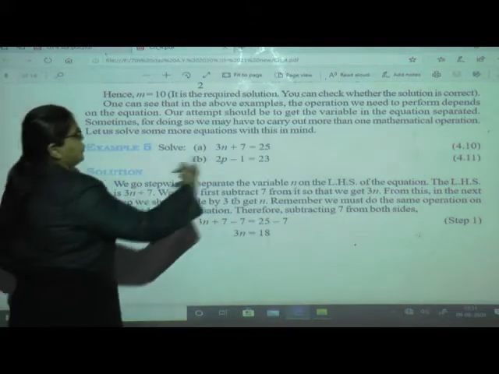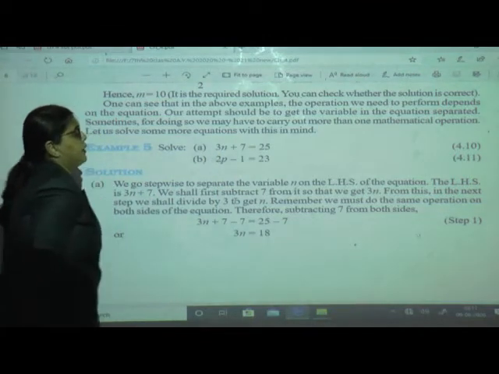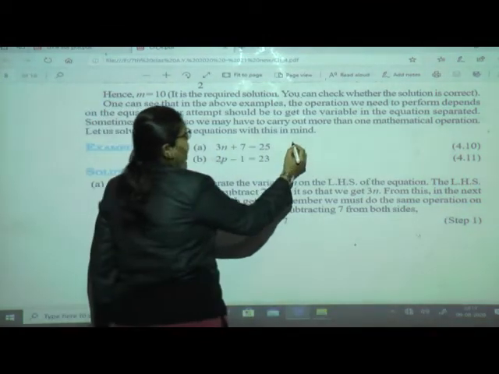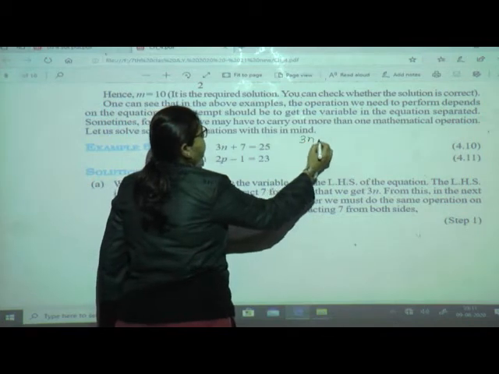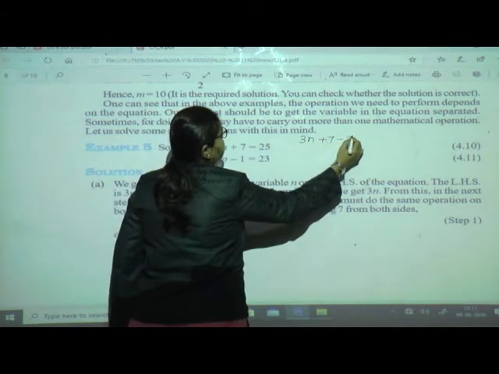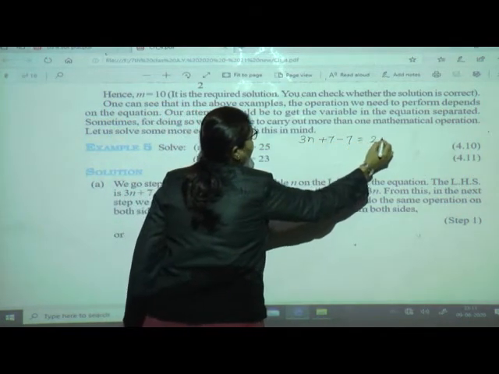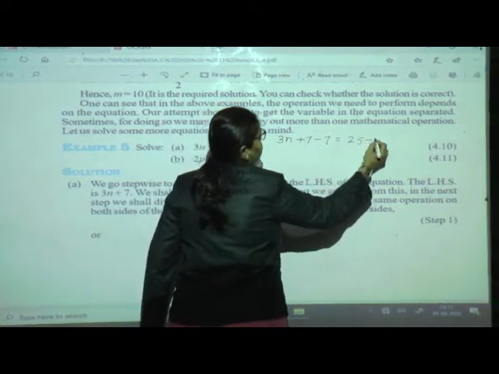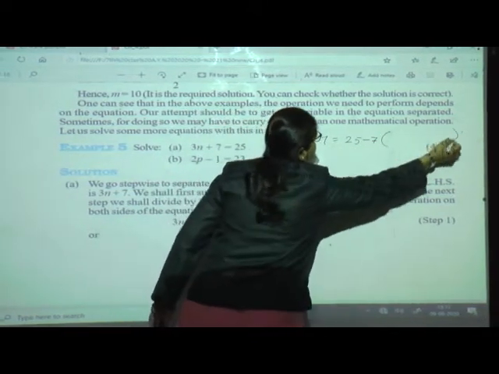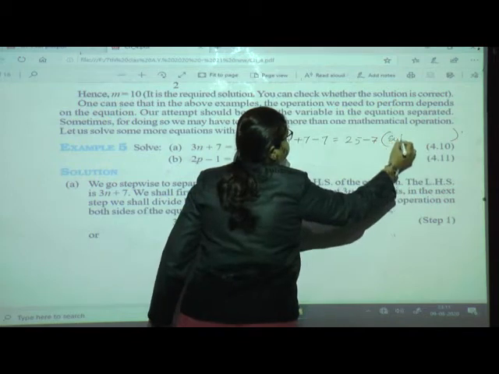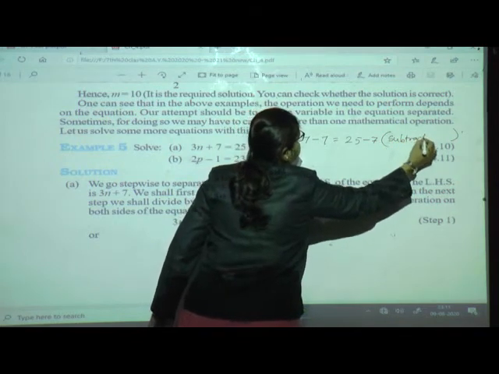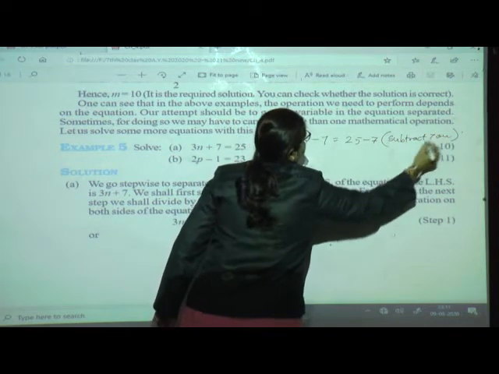This equation is 3n plus 7. So we have to subtract. I will write here 3n plus 7 minus 7 is equal to 25 minus 7. We write in brackets: subtract 7 on both sides.